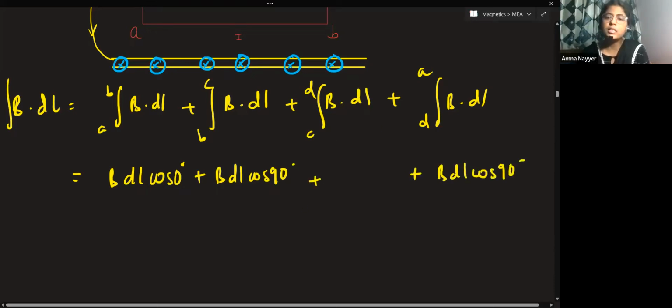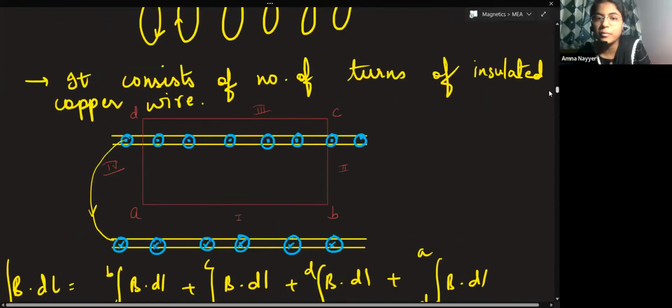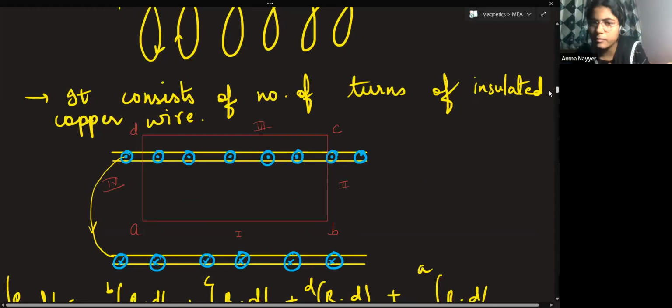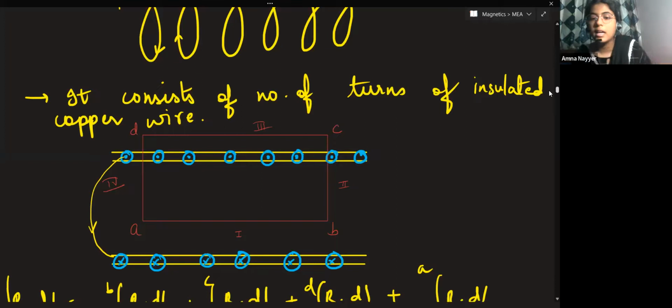Now, for the CD part, which angle is it making? It's making an angle of 0 degree. That's clear. It's parallel. But just look at the segment CD, don't look at any other segment of the Amperian loop. Does CD include any magnetic field in itself, or is it lying outside the solenoid? Look in the figure.